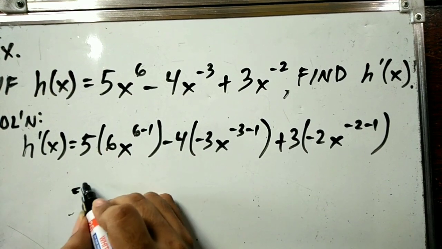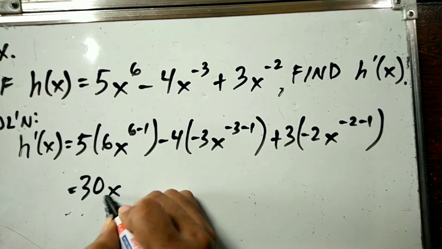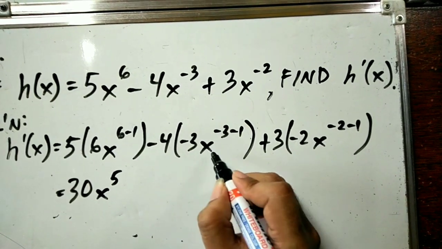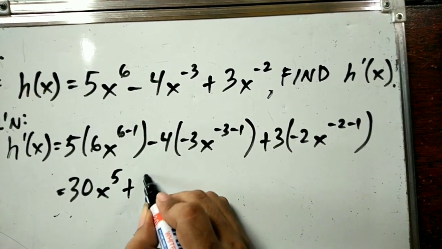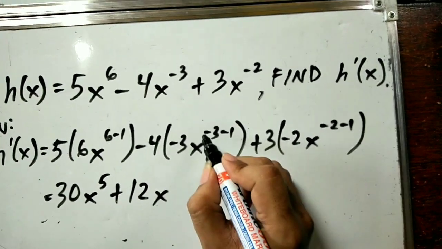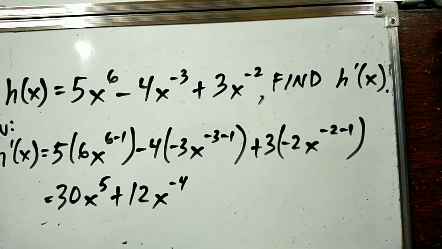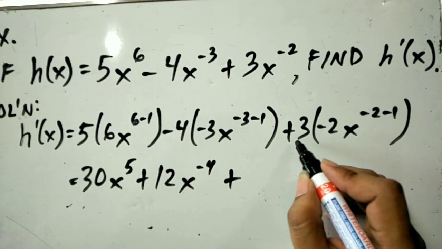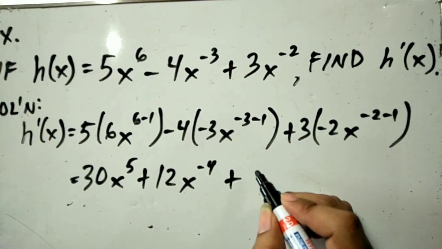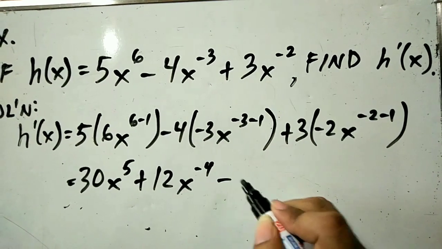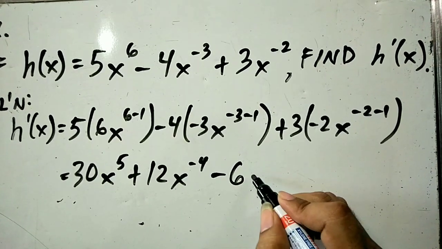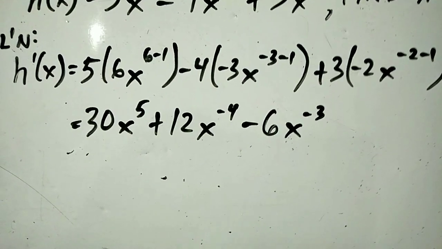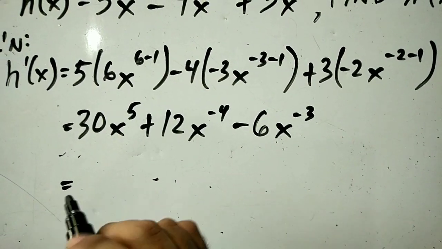5 times 6x, that is 30x to the 6 minus 1, that is 5. Negative 4 times negative 3x, that is positive 12x. Negative 3 minus 1, negative 4. Plus positive 3 times negative 2x, that is negative 6x to the negative 3. Okay, final answer po.